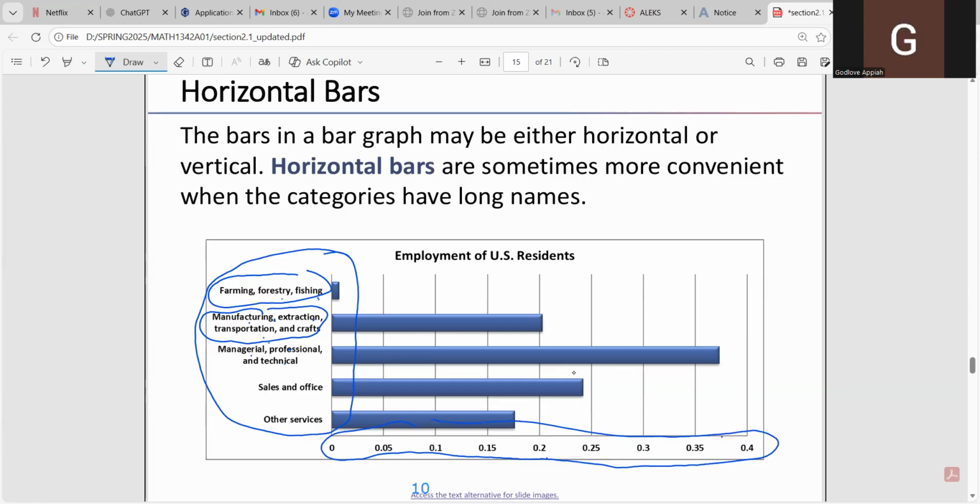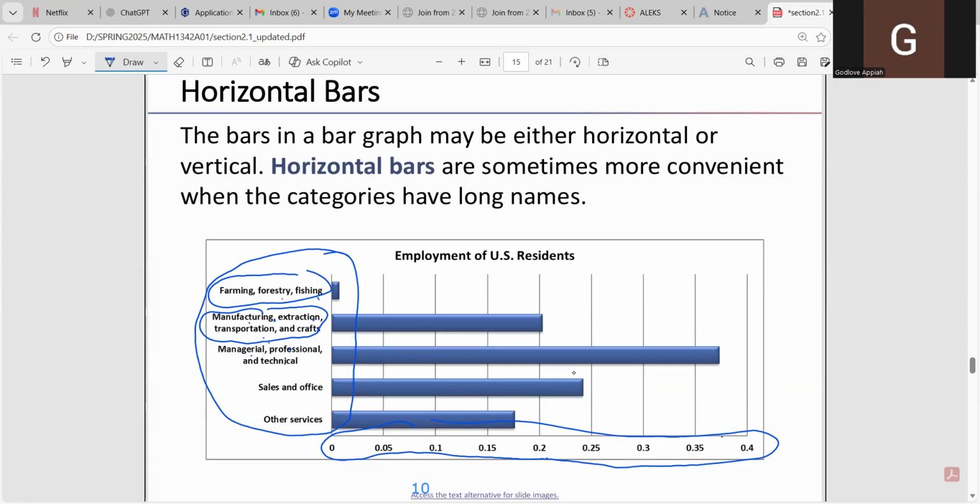In a vertical bar graph, the frequencies or relative frequencies are on the vertical axis, and the categories are on the horizontal axis. This is one big difference between a horizontal bar graph and a vertical bar graph.